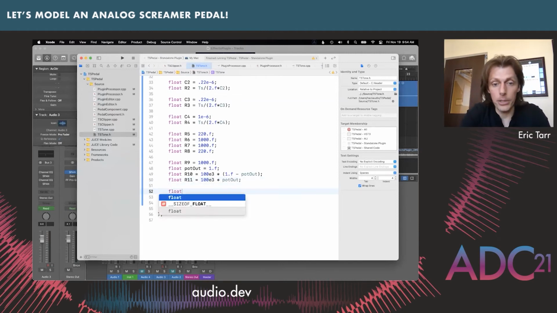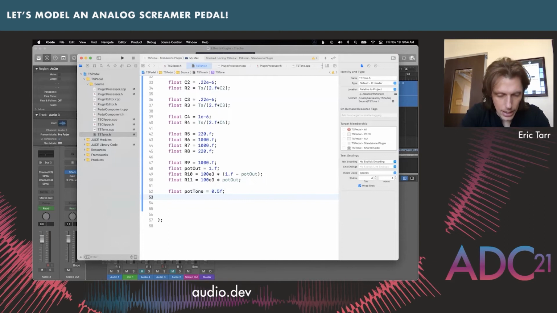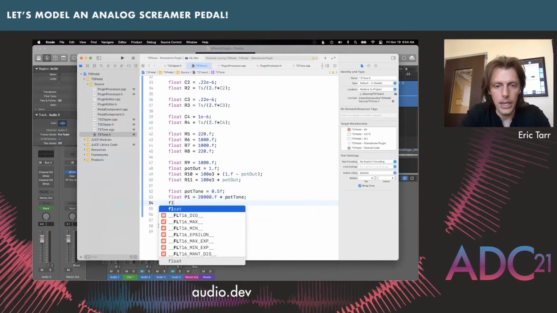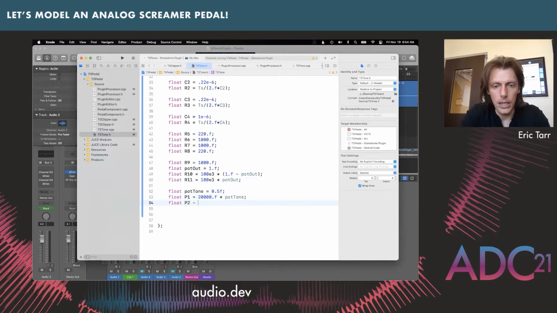Then we have a potentiometer for our tone, which starts at 0.5, and have what I've called P1 here equals 20,000 times pot for the tone, and P2 is 20,000 times 1 minus tone pot.